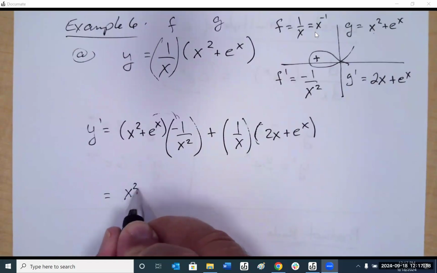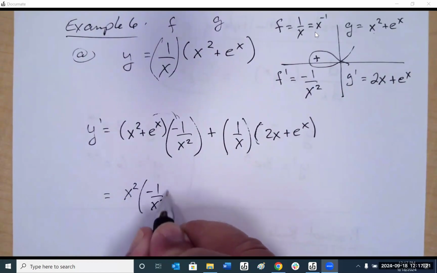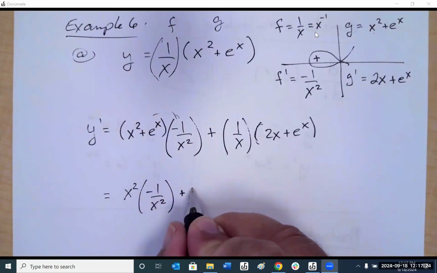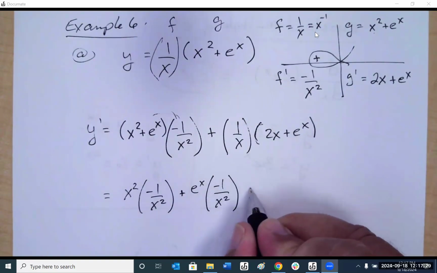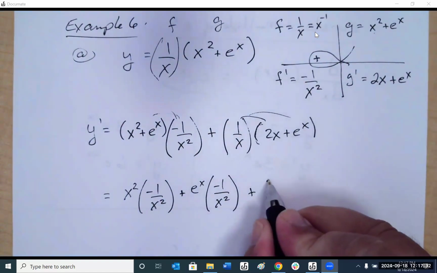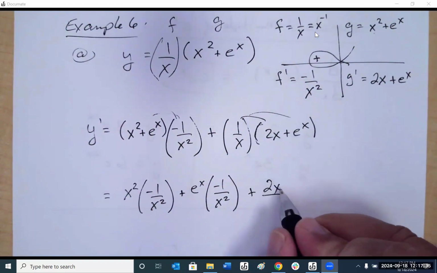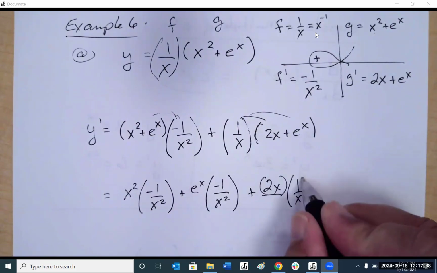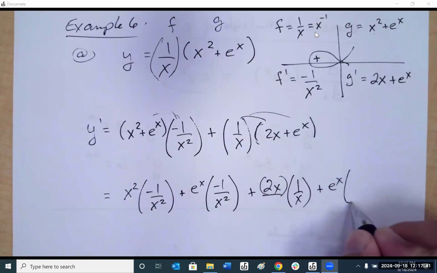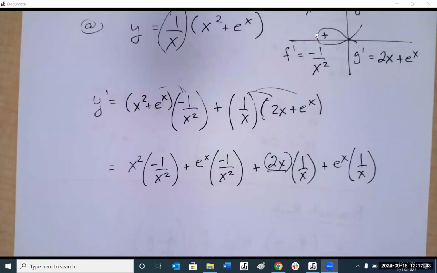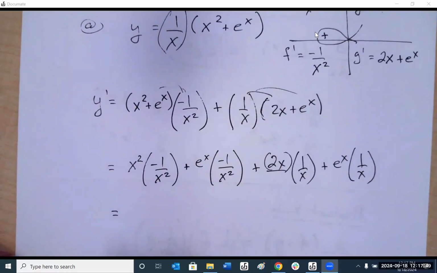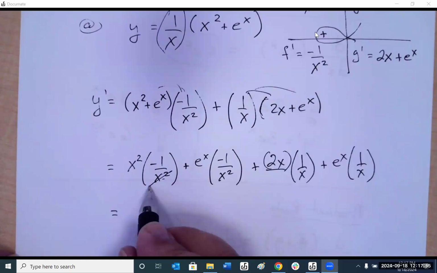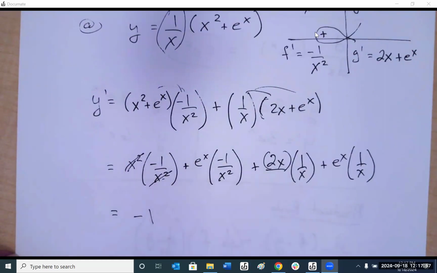So we have x squared times -1/x² plus e to the x times -1/x². Same thing here, 2x times 1/x plus e to the x times 1/x. Algebra. So the x squared and x² cancel, so it's -1.